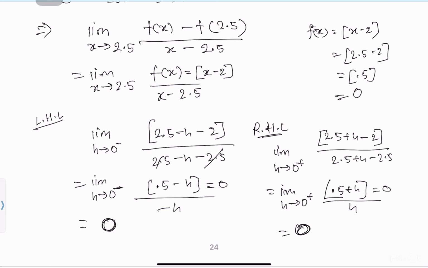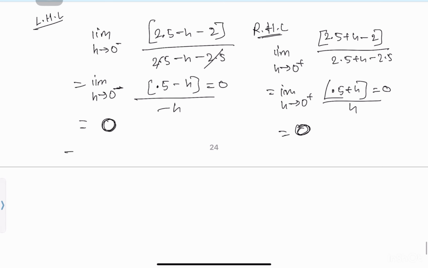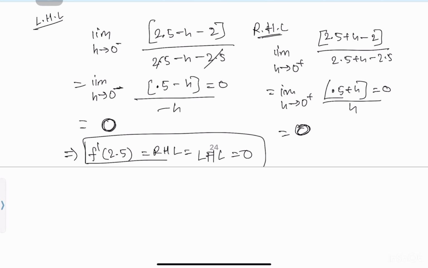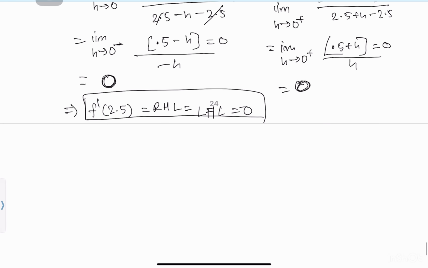So both limits exist. From here you can write f dash 2.5 equal to right hand limit equal to left hand limit equal to 0. So f dash 2.5 is equal to 0. This is my answer.